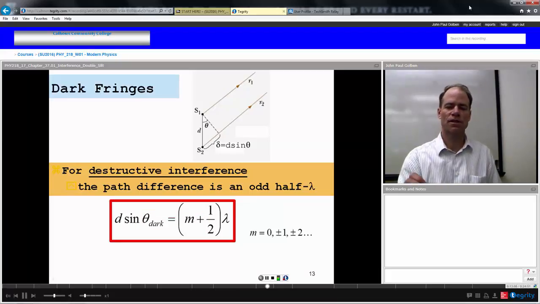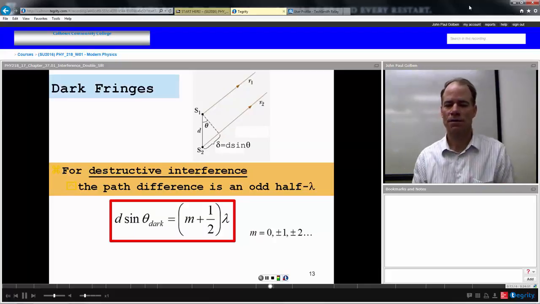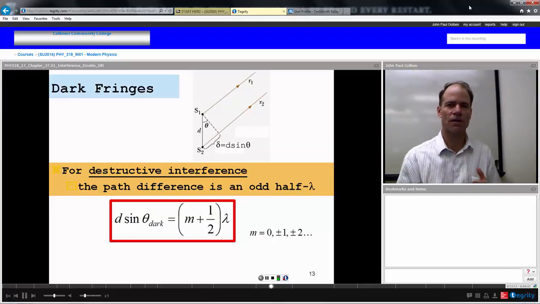So for the 0 value of this, we would get our first dark fringe on either side. And for the first value of m, or plus or minus 1 value of m, we would get our second dark fringe on either side.